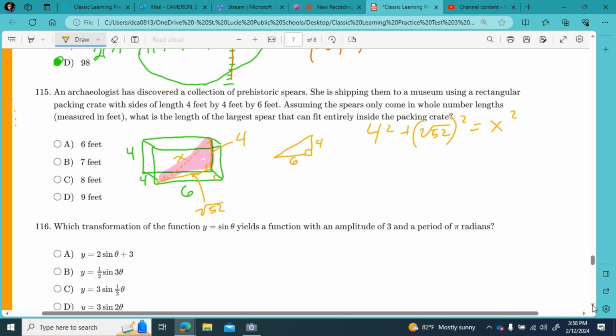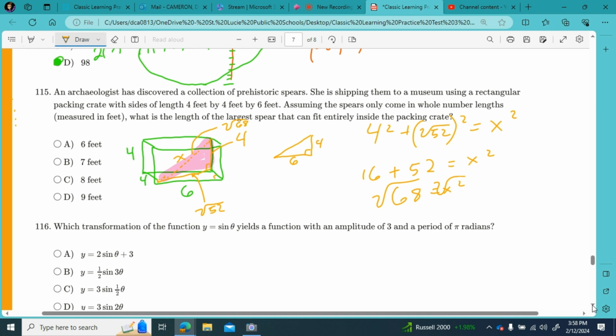And 4 squared is 16. The square root of 52 squared is 52. 52 plus 16 is 68. So square root of both sides. So this diagonal is the square root of 68.